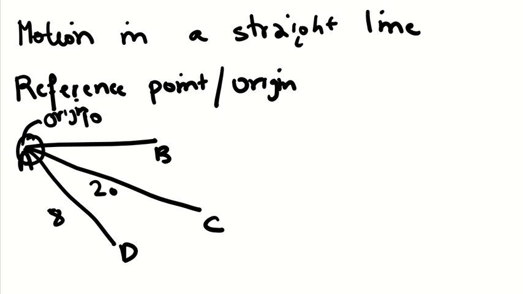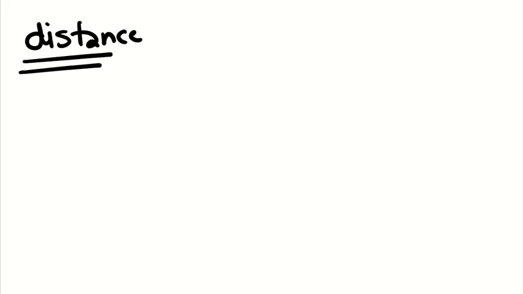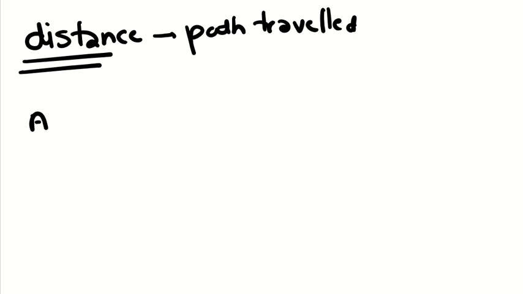So with this we will start the topic with the very basic, and the first thing that we are going to discuss is distance. What is distance? Distance is basically the path traveled by an object or by a human or whatever you can say. For example, there is a person named Mohan and he moves from point A to point B, right?